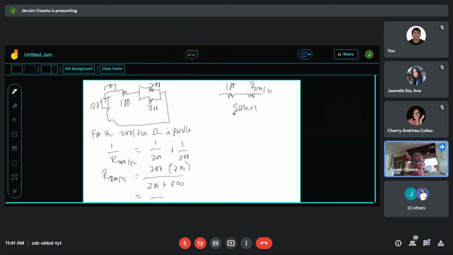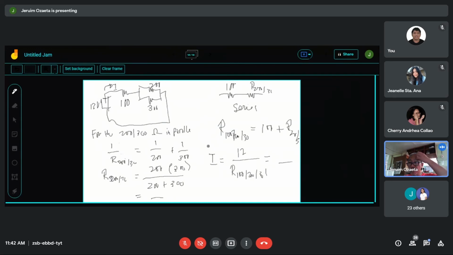So the series resistance R100, 200, 300 will be equal to 100 plus R200, 300. Now you get the total current. The total current I will be equal to 12 volts all over this resistance, R100, 200, 300. Do you get my notation here?